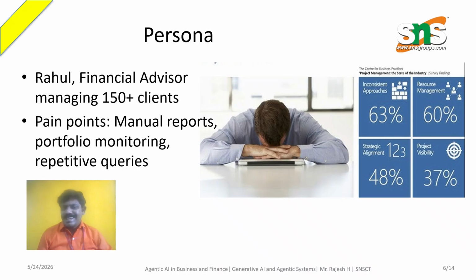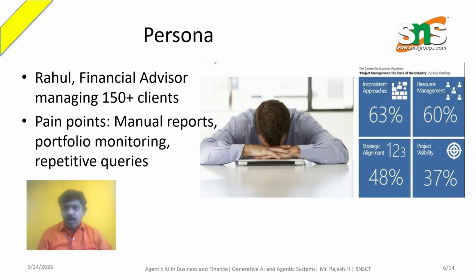So the inconsistent approach, resource management and strategic alignment are all lagging. Even project visibility is very much lagging. You can see the score of 37%. Even the strategic alignment is less than 50.